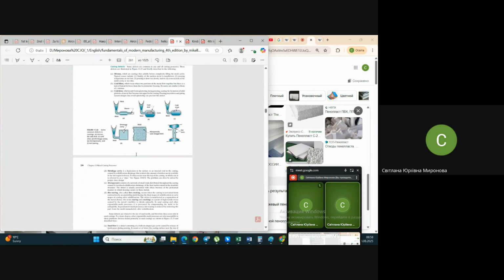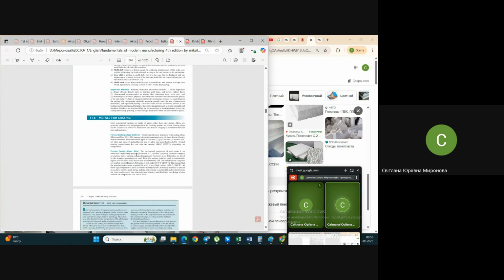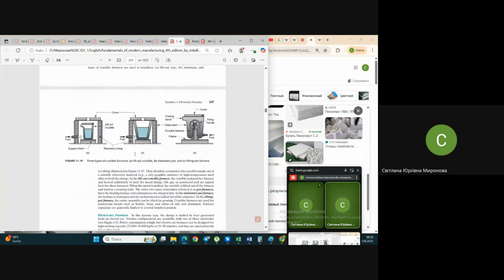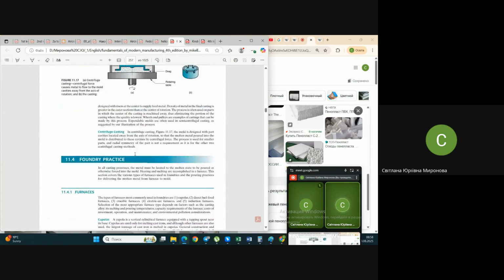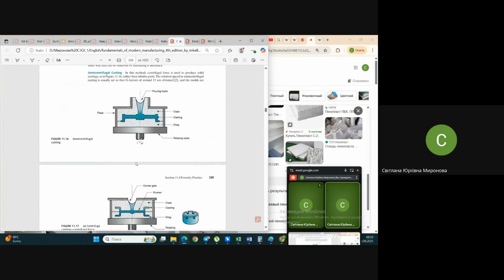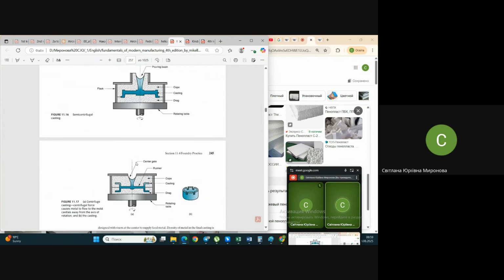I do not see here the centrifugal casting. I was quite sure that it's given here. Okay, next time I'll show you what it looks like. General idea you understood. It's called centrifugal casting, but this picture does not explain anything practically for me.